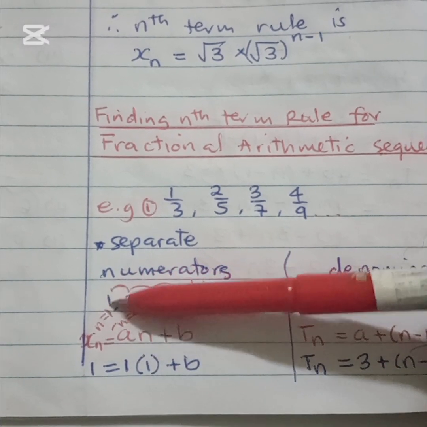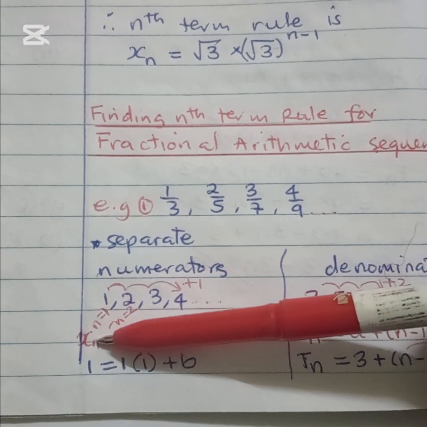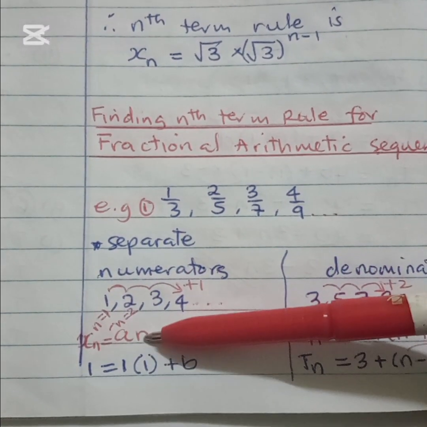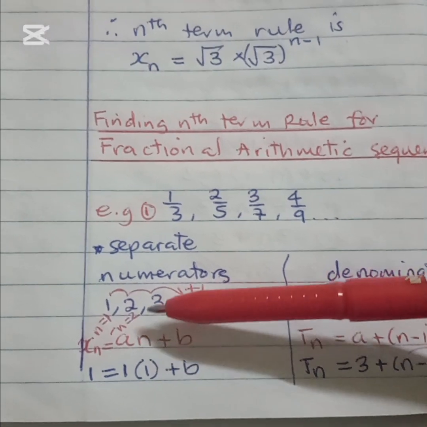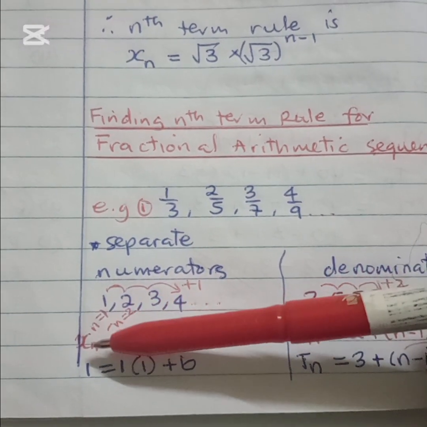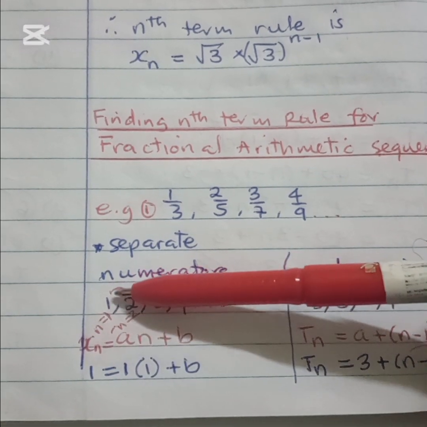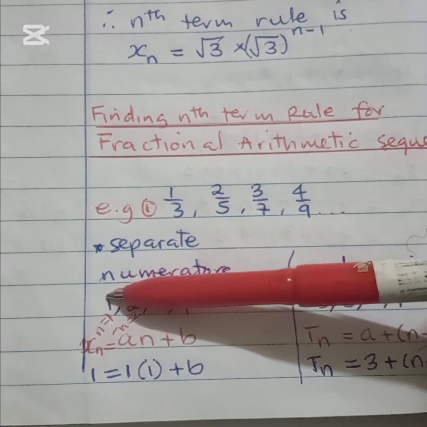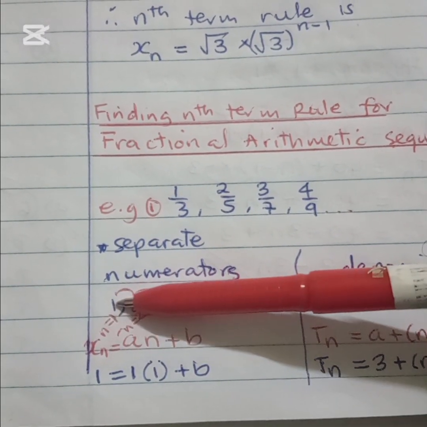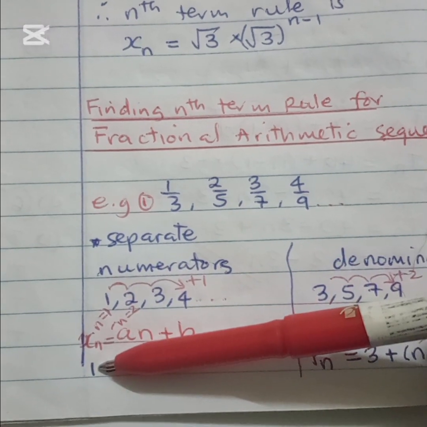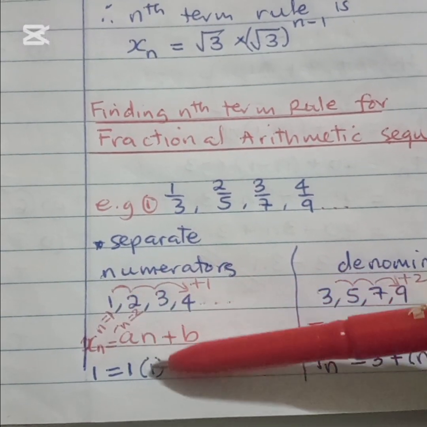A term value is xn and its position is n. So in place of the value, I picked the first term, which has a value of 1 and its position is 1.